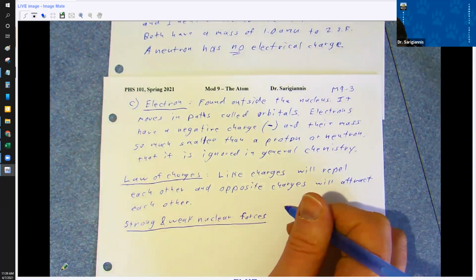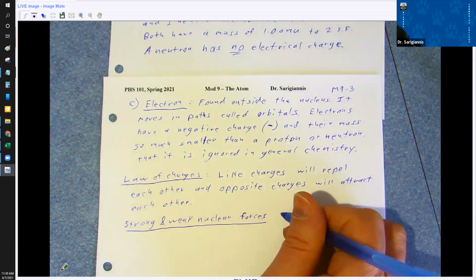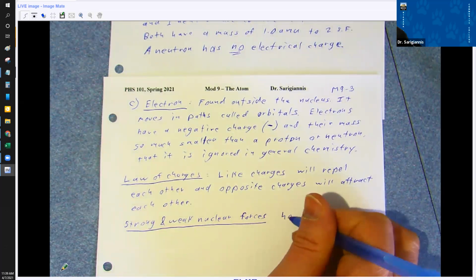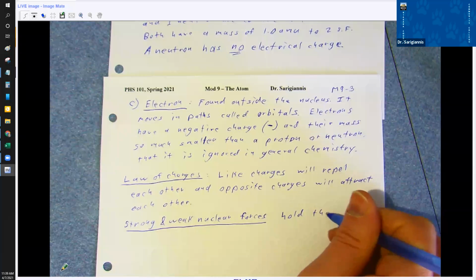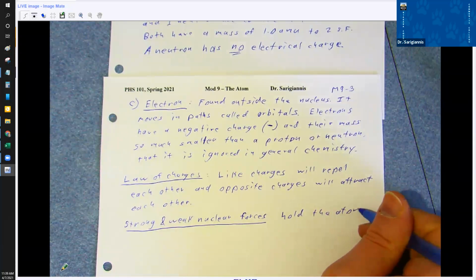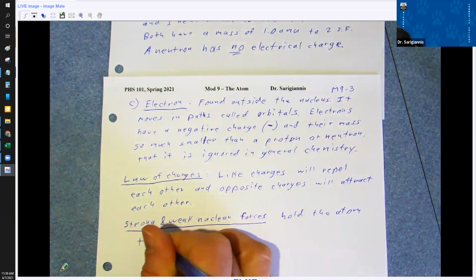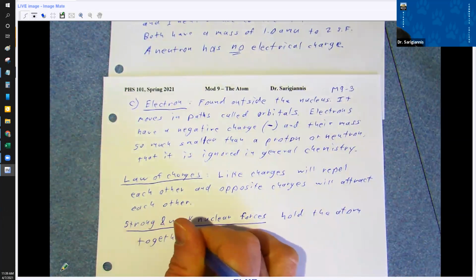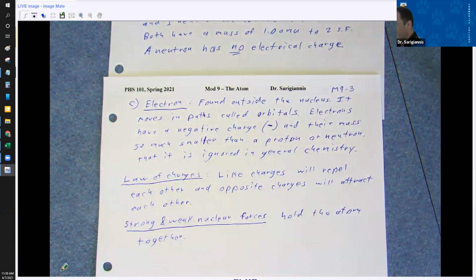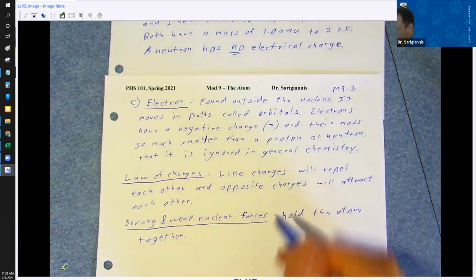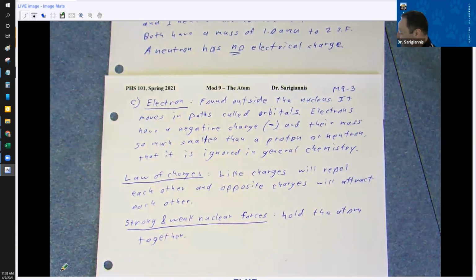Strong and weak nuclear forces hold the atom together. So these strong and weak nuclear forces, this is what we're unleashing when we split the atom. There's all these forces holding this atom together.